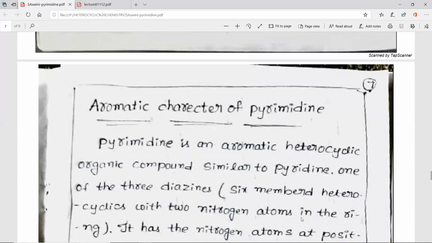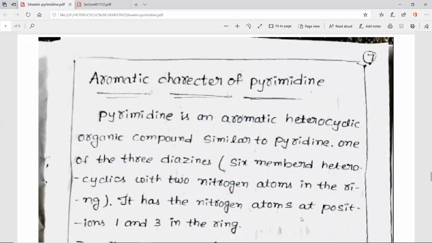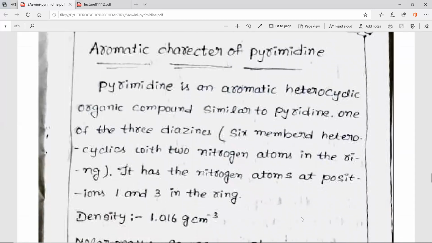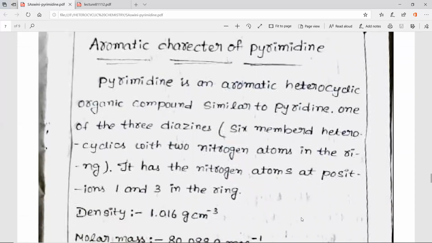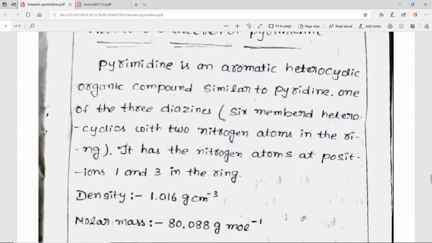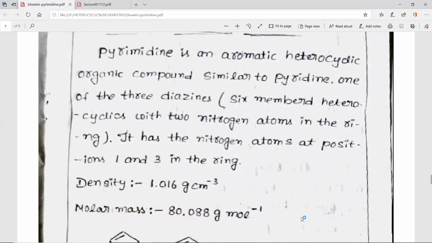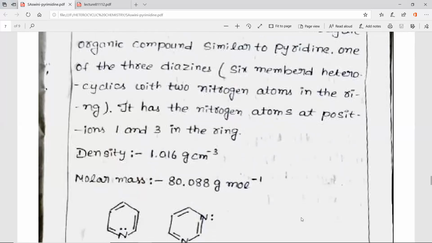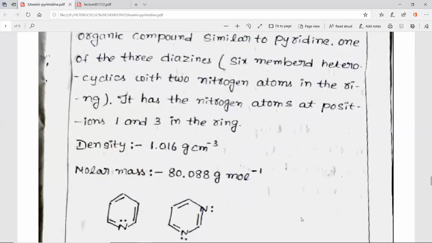So pyrimidine is aromatic in nature. It is an aromatic heterocyclic organic compound similar to pyridine. It is one of the 3 diazines. Diazines are 6-membered heterocyclic compounds with 2 nitrogen atoms in the ring system.